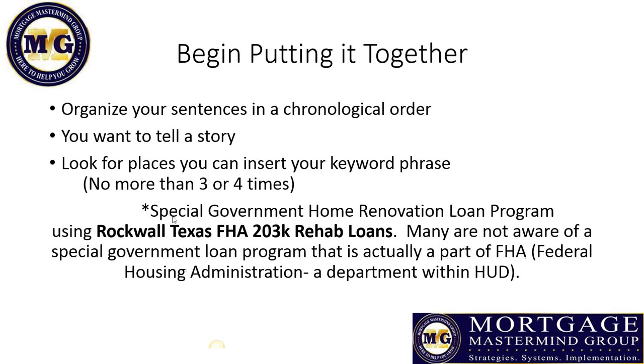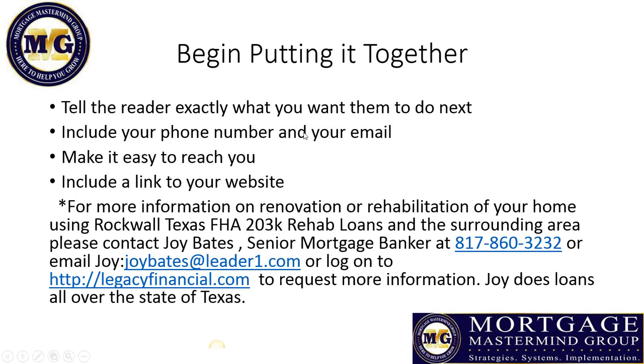So that's what's sprinkled in: special government home renovation loan program using Rockwall, Texas FHA 203K rehab loans. Many are not aware of the special government loan program that is actually a part of the FHA, Federal Housing Administration, a department within HUD. So it's easy enough to find those places to sprinkle those in there.